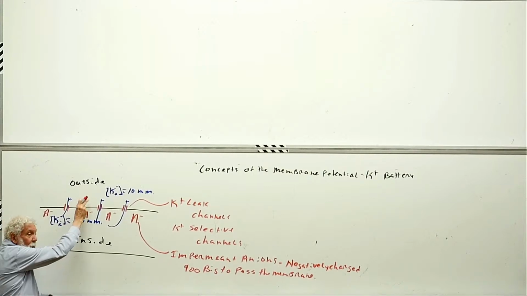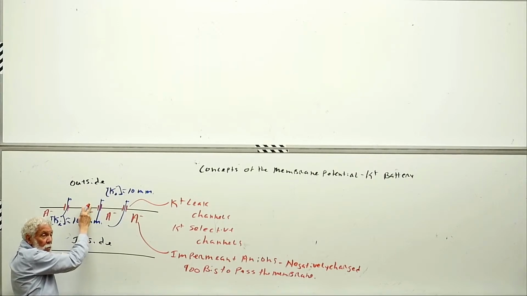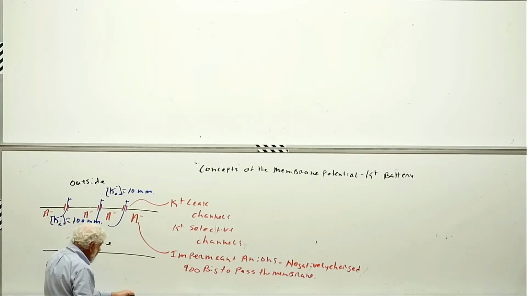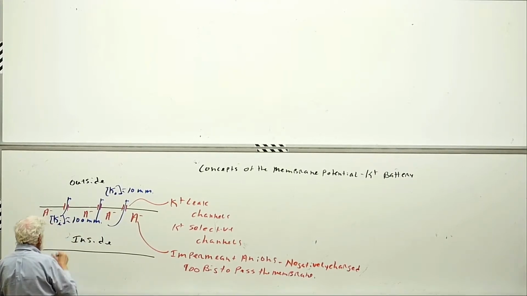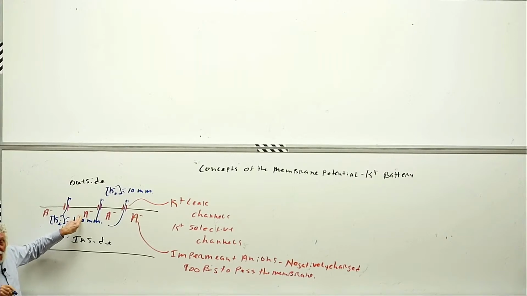We have 10 millimolar potassium on the inside, 100 millimolar potassium on the outside. Potassium starts to move down its concentration gradient, from where it's in high concentration to where it's in low concentration. But now remember the charge on the potassium. Remind you that this is K plus. So this has a positive charge, the anions have a negative charge.